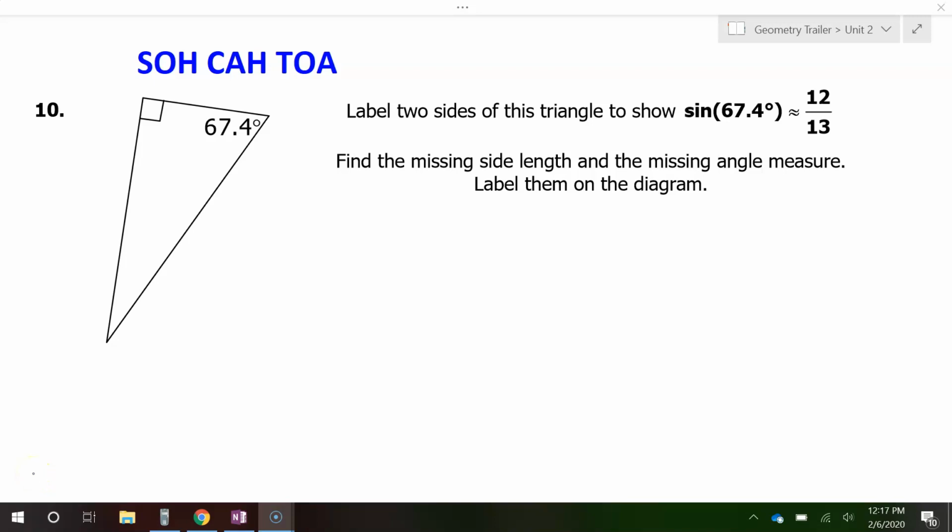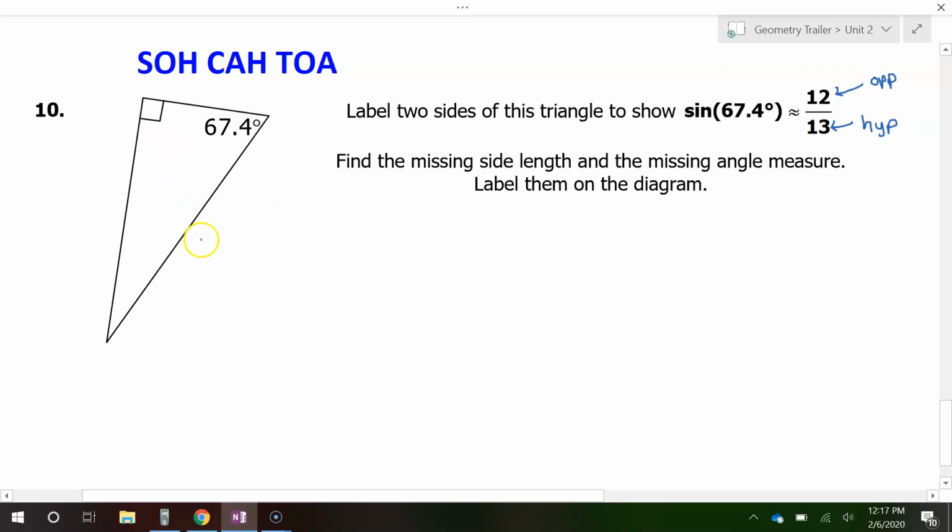All right, last one. Sine of 67.4 degrees is approximately 12 over 13. Sine is opposite over hypotenuse. So we know that this 12 is the opposite leg, and we know that the 13 is the hypotenuse. The hypotenuse is always across from the 90-degree angle.